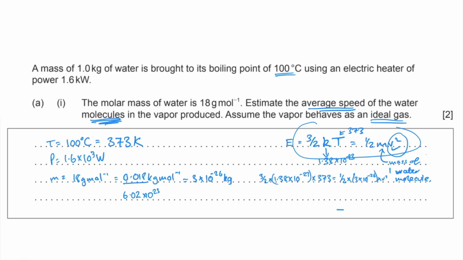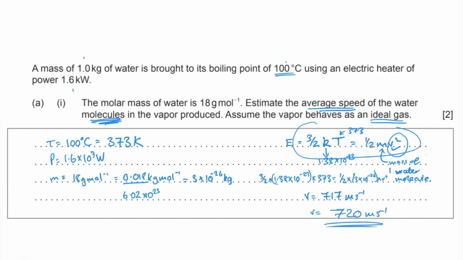Pop all those numbers together and work out v, and you will find that v is 717 meters per second, roughly. And of course, that should be given to two significant figures, so that's 720 meters per second.